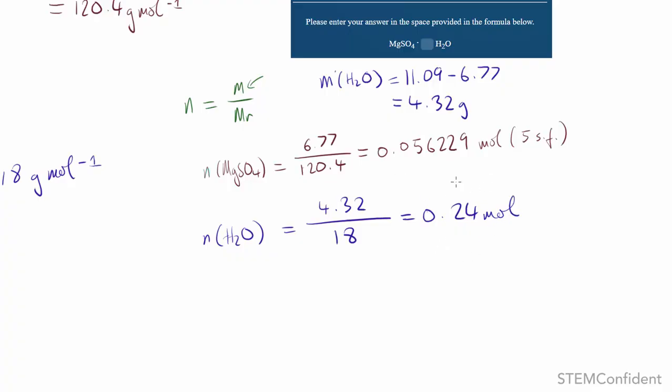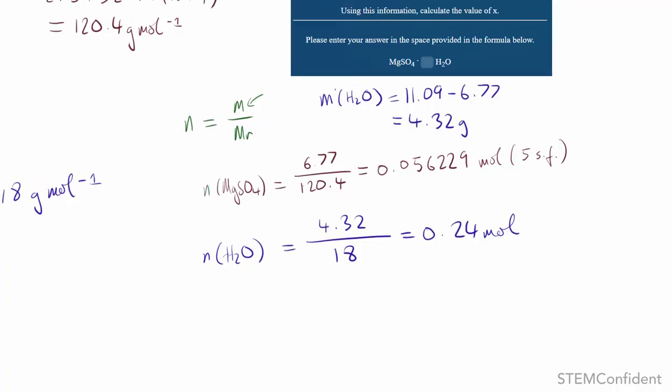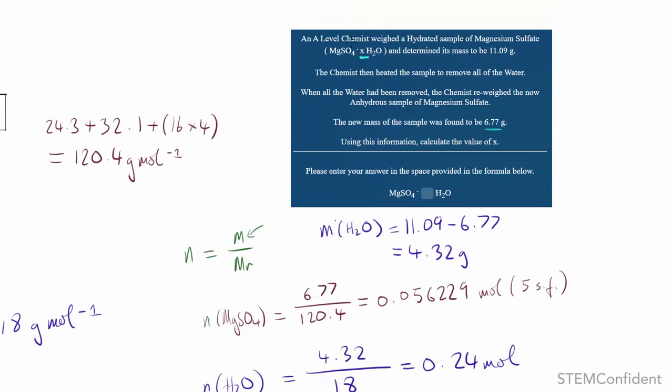Okay, so we've got these two values, and if you remember, what we've got is MgSO₄ dot, and then the x and then the H2O. So just for clarity purposes, I'm going to put together a molar ratio, and I'm going to make sure that the MgSO₄ aspect is on the left hand side.